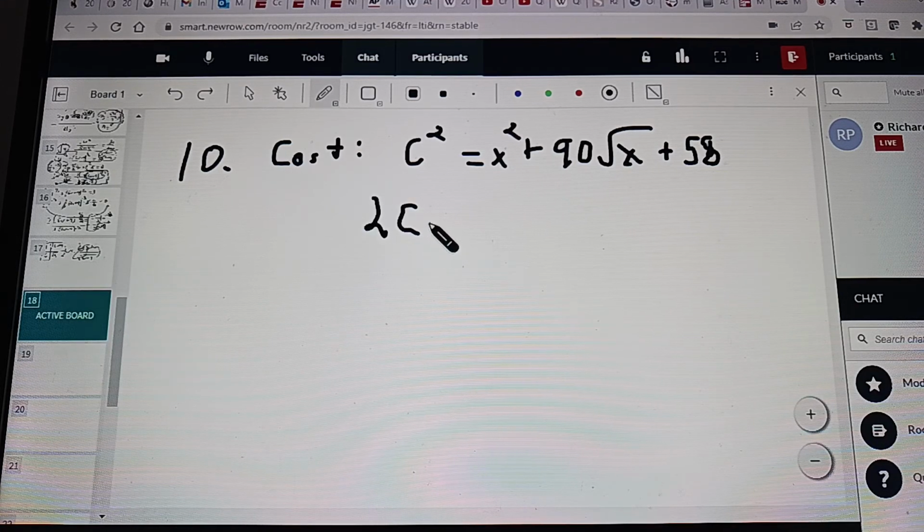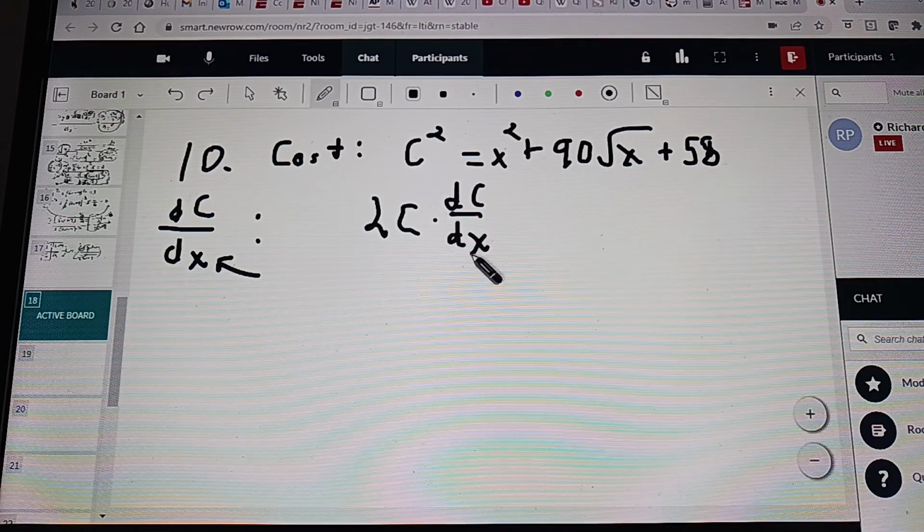C is not the variable of interest. We're trying to do dc over dx. That's in essence what they asked us to do. That's the derivative of cost with respect to x. So x is the variable of interest, c is not. Then we need a dc over dx every time we do a c variable. The rest is all about x, so we don't need anything extra for that.